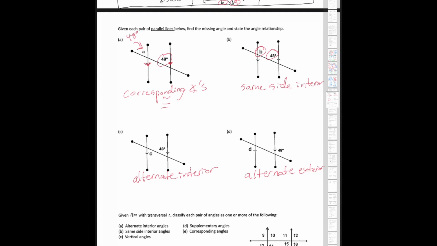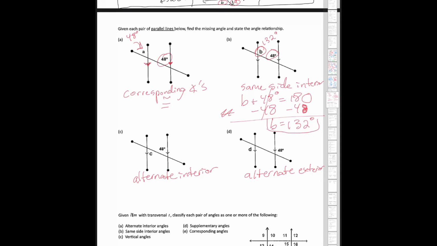So to solve this, I have to do B plus 48 degrees is equal to 180. When I do that, I subtract 48 from both sides. And I get angle B is equal to 132 degrees.